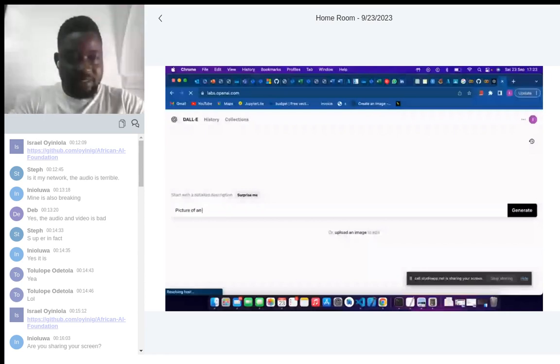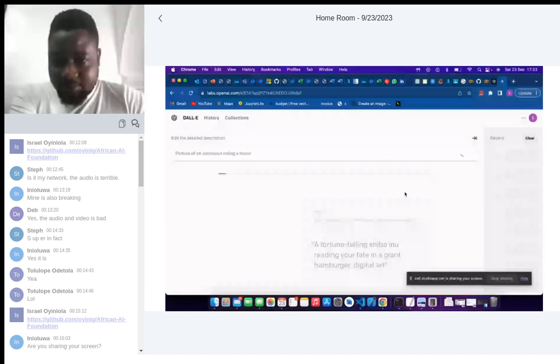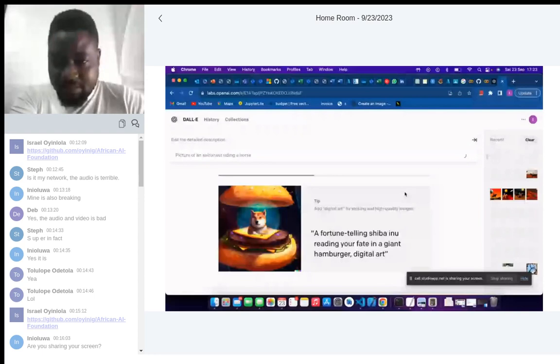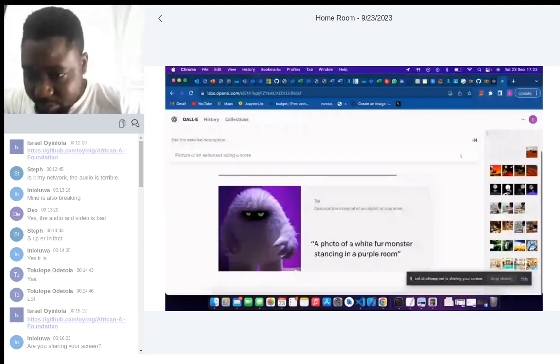I always miss the spelling. Okay. This is going to generate this for us. These were images we generated the last time. Okay.